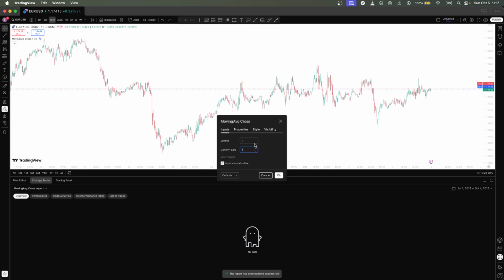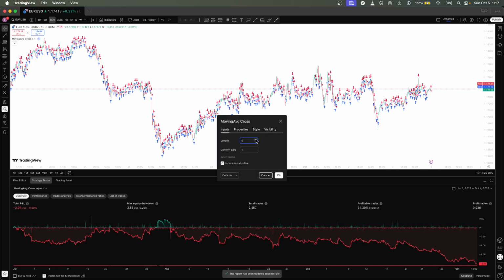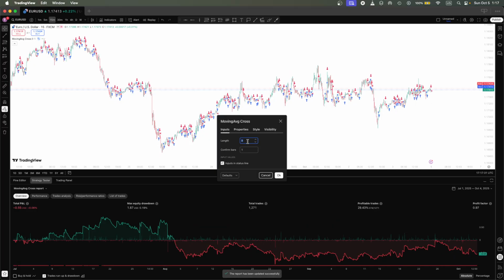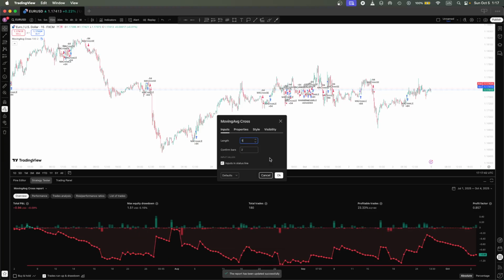So now there is nothing, right? So it will go 2. So this is 1, it will save this, and then it will go 3. It will go all the way up to 100, or whatever the highest range that you have put. And then next it will go to 2, and then it will start back again with 1.